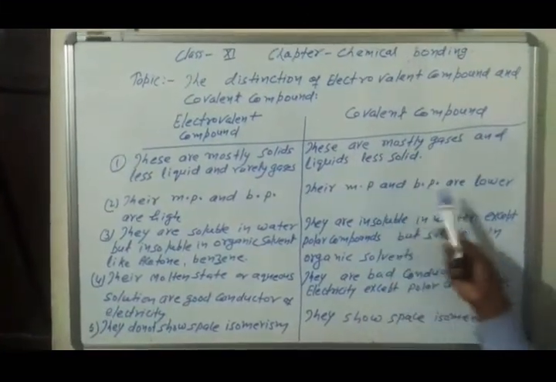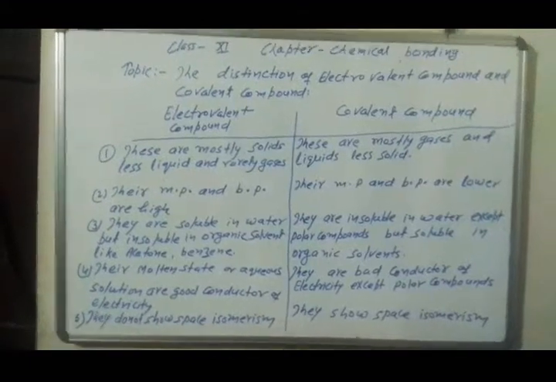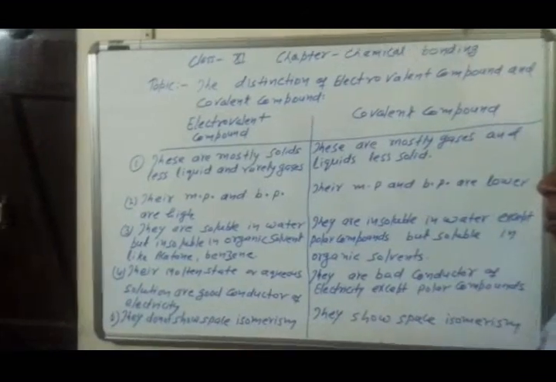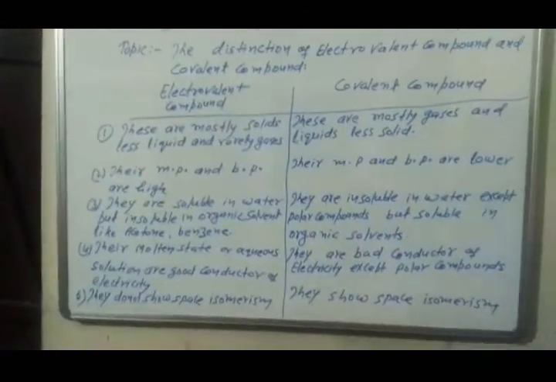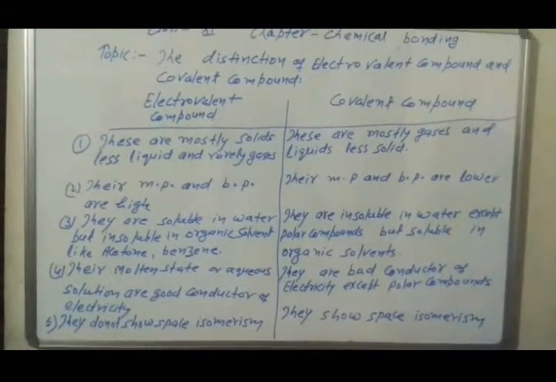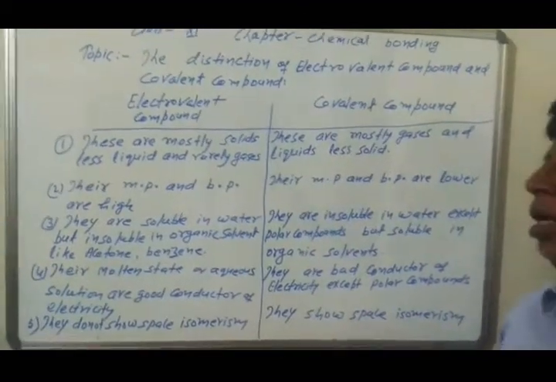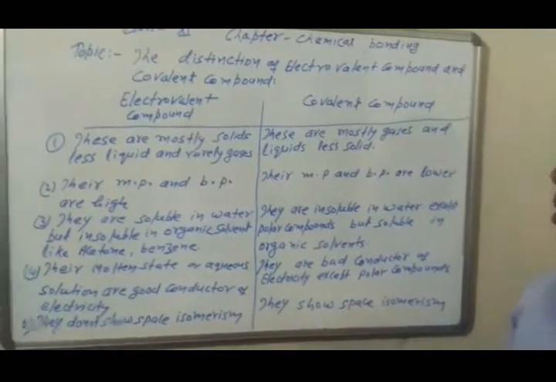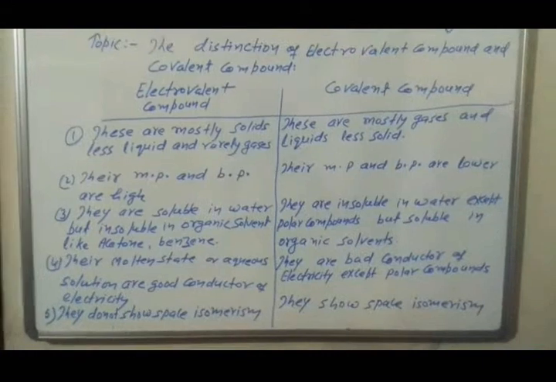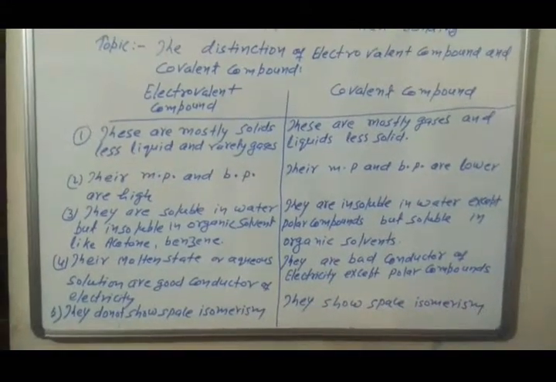The melting point and boiling point of covalent compounds are lower than the electrovalent compounds because in covalent compounds, electrostatic lines of force are not present and heat energy is not consumed to break them.